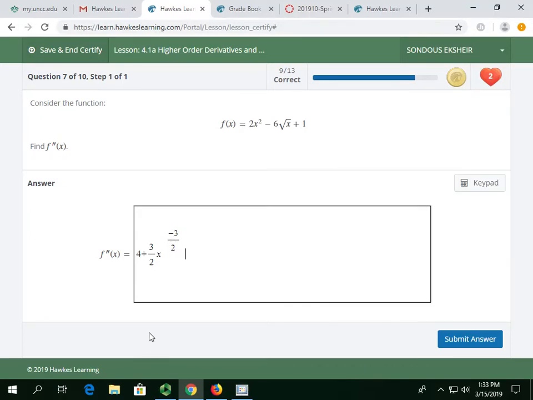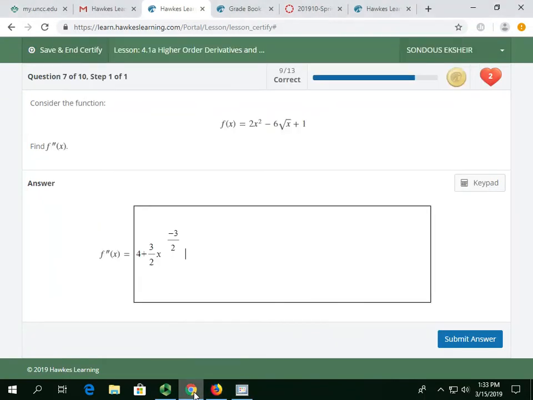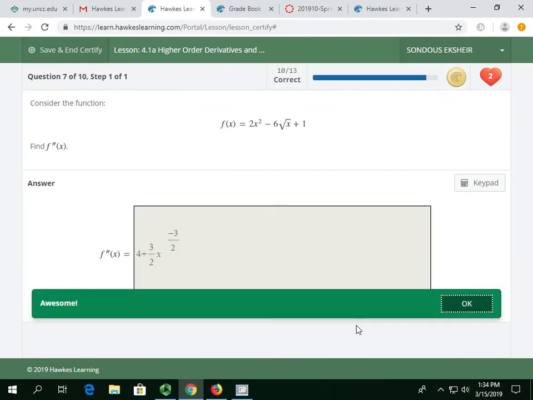And this is the way it looks, and I'm just comparing it. I'll go back and look at my answer: 4 plus 3 halves x to the negative 3 halves power. That looks right. And then I submit, and yay, it liked it.